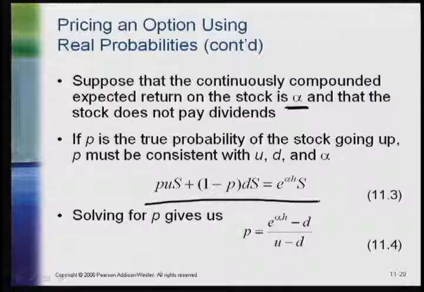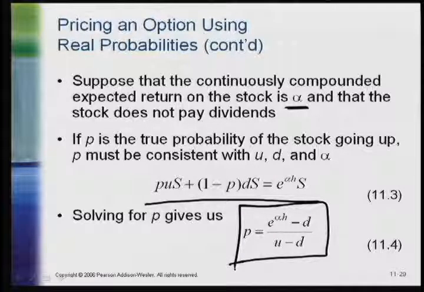That's the meaning of alpha being the continuously compounded return. So if we solve this for P, we get a formula that looks familiar. Once the investor identifies what U and D are in this binomial model, P and alpha you can think of as a pair. Any determination of alpha provides a P, and any value of P implies an alpha.